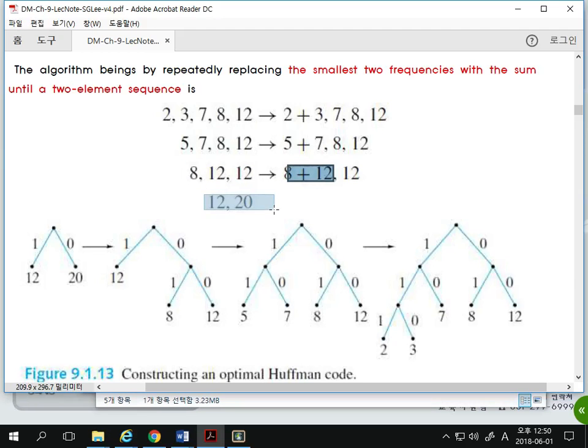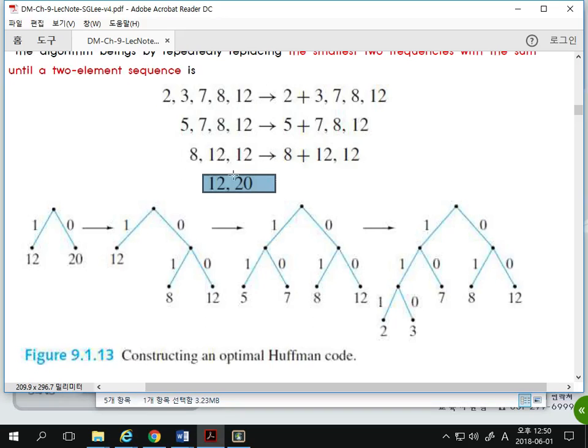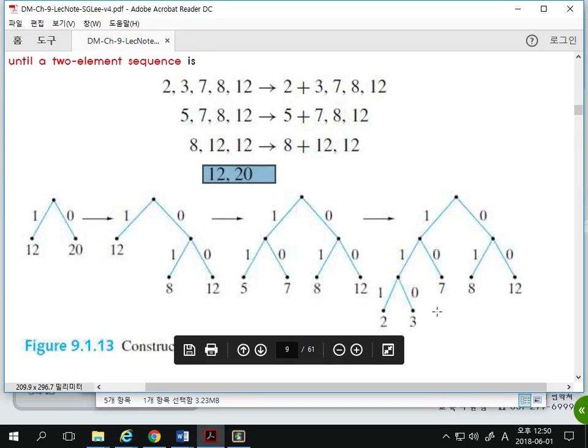So 12 and 20. This process can be drawn in these trees. Okay. So 12, 20. This 20 can be split as 8 and 12, and 12 is also split as 5 and 7, and 5 is split as 2 and 3, like this.